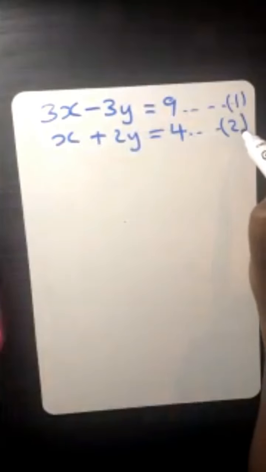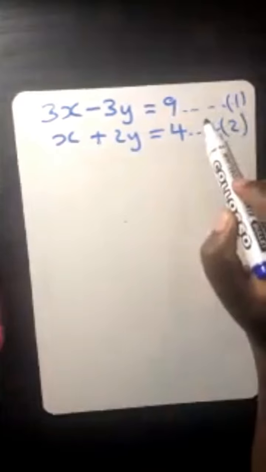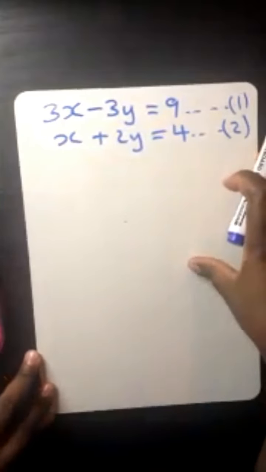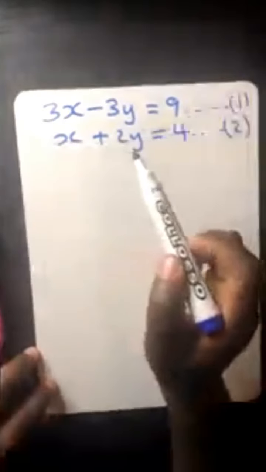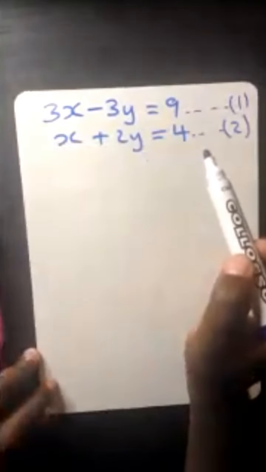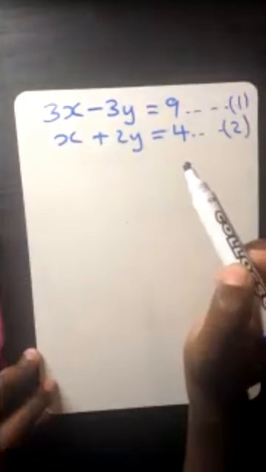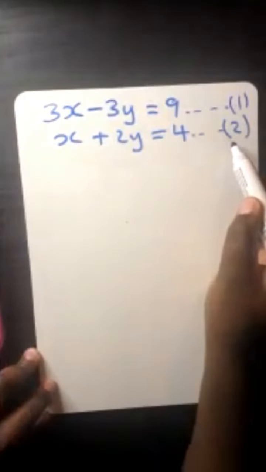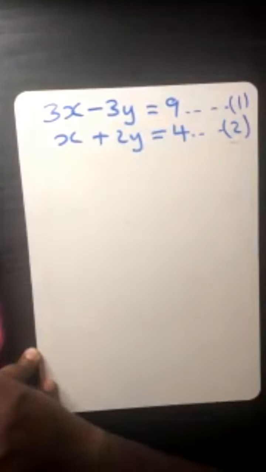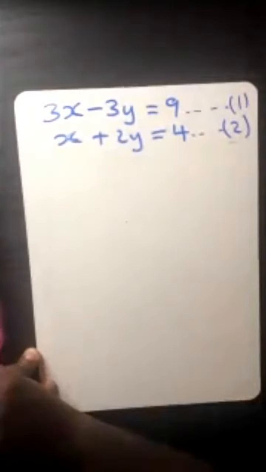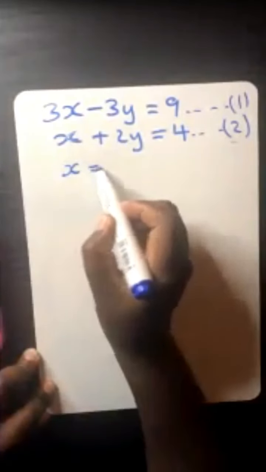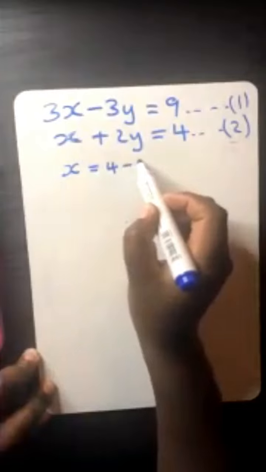So I'm going to apply all that I just explained not so long ago. I said you need to identify a simple equation. According to me, equation number 2 is the simple equation because that's where I've got that x which is not attached to a number, which means I can use equation number 2 to derive equation number 3.